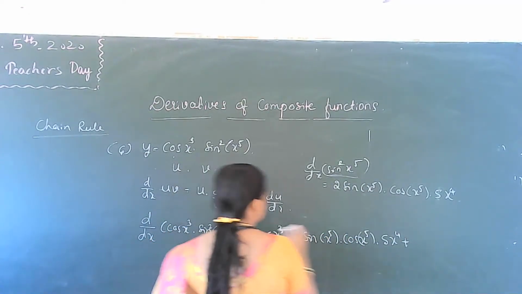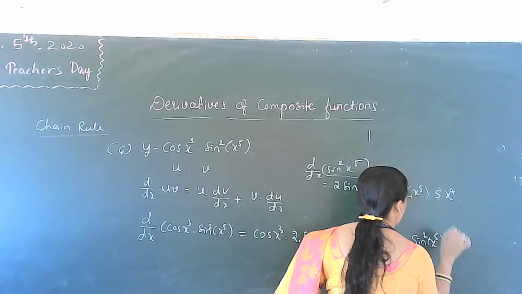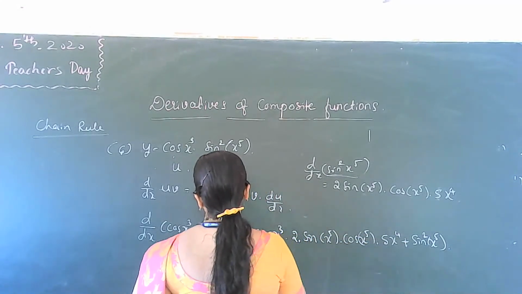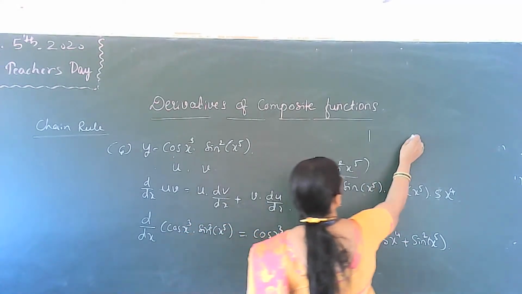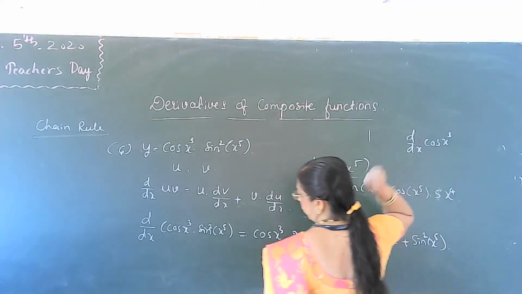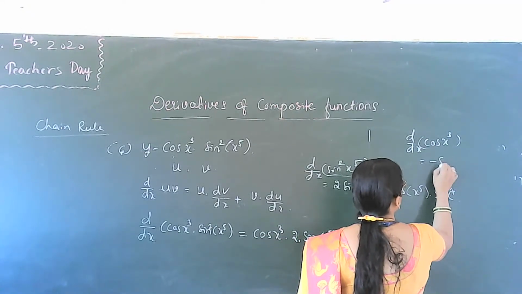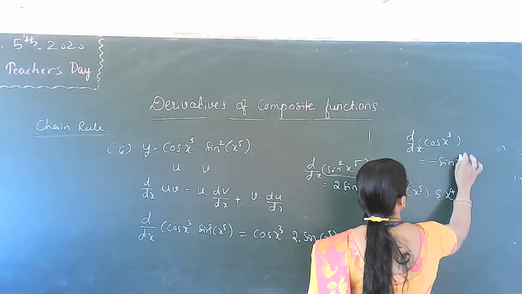v is sin square x to the power 5 into the derivative of u, d by dx of cos x cube. Here the derivative of cos x cube is minus sin x cube.